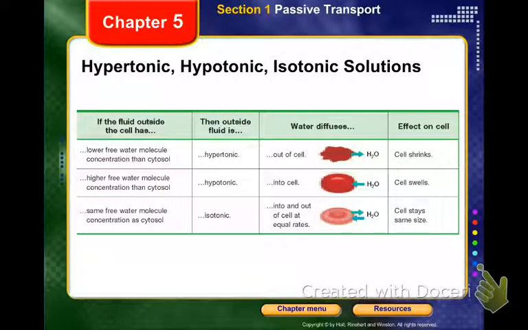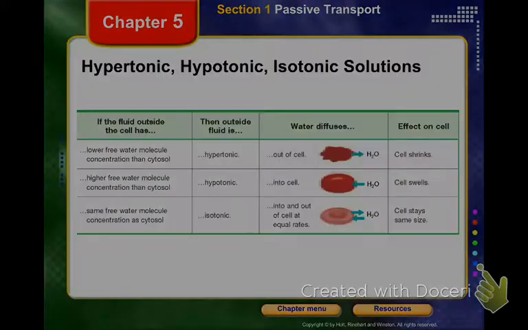Whether this is a red blood cell or any cell in our body or my poor goldfish cells, same idea. Please look back at this diagram, and it's in your textbook. You drew this on the left-hand page of your notebook, and make sure that you have a good explanation, because you can expect to see questions about hypertonic, hypotonic, and isotonic on your test next week.